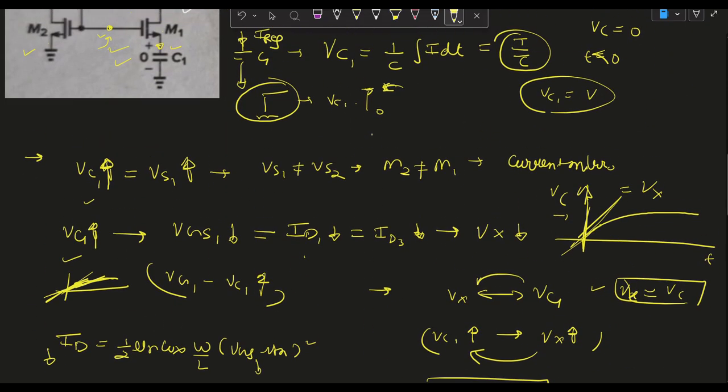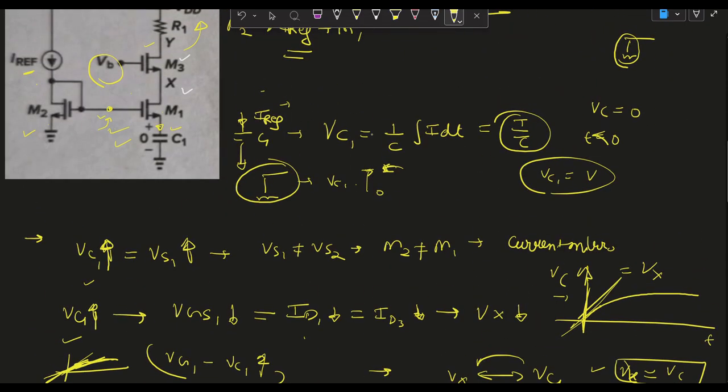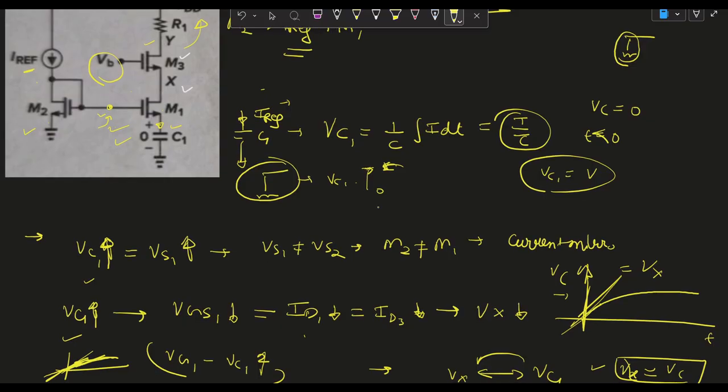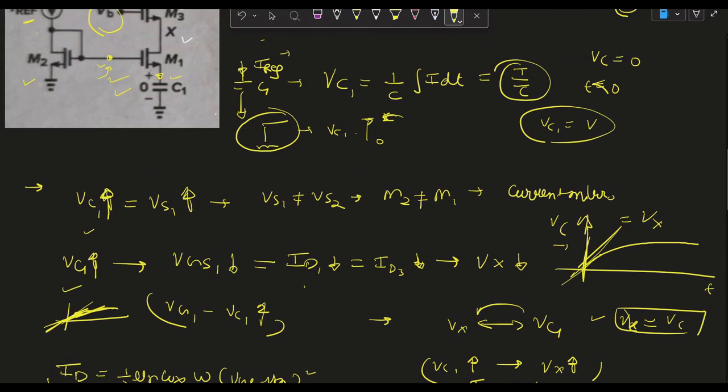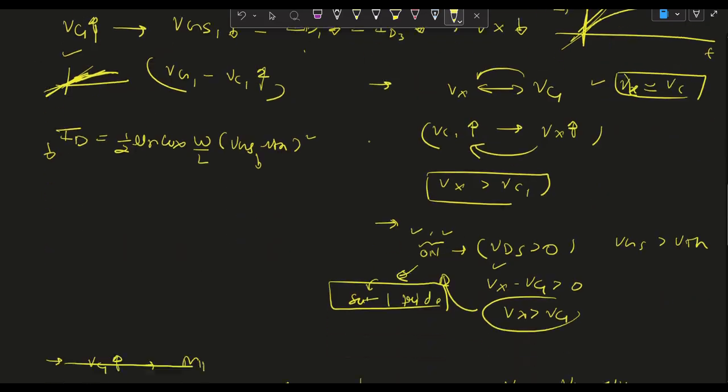So our assumption is this. The voltage is 0, and at 0 plus our capacitor voltage rises instantaneously. We can say a step rise, as this is 0 volt, and suddenly it will rise to some voltage, which is a step rise.